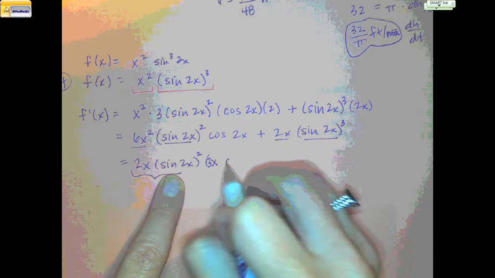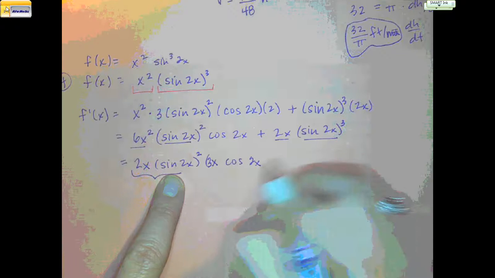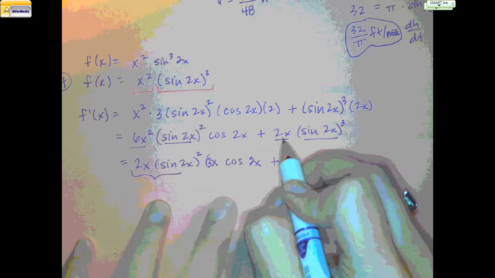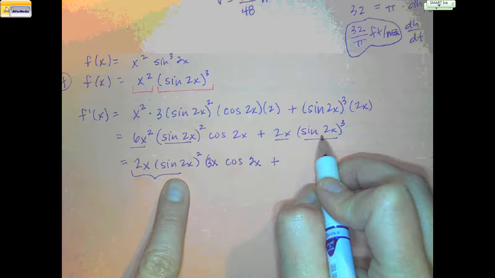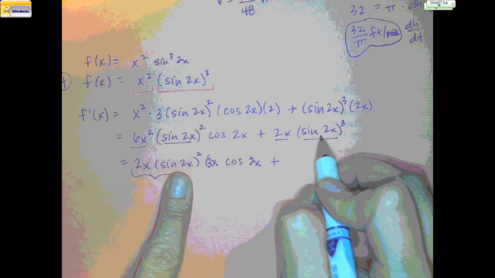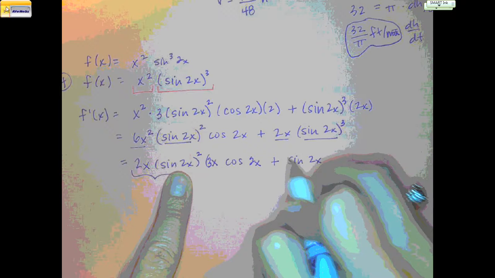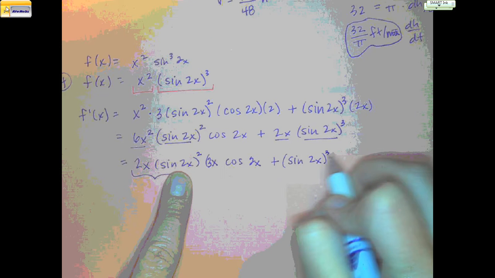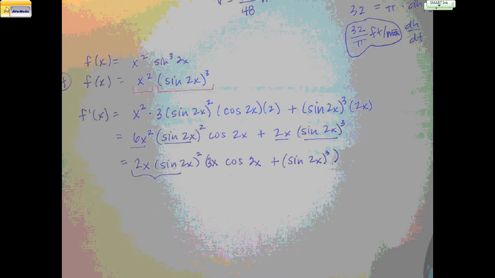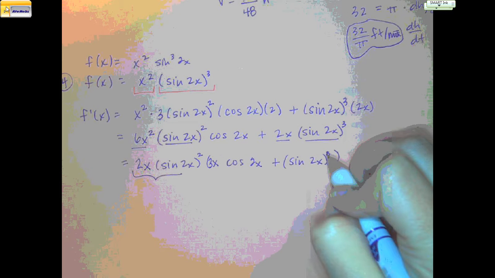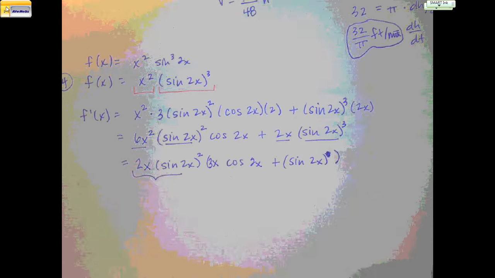And then cosine of 2x is left. Plus 2x divided by 2x is 1. And if I take out 2 of these guys, I've got 1 left. No, it's not cubed. Sorry. Again, I'm thinking ahead, because I don't like this.